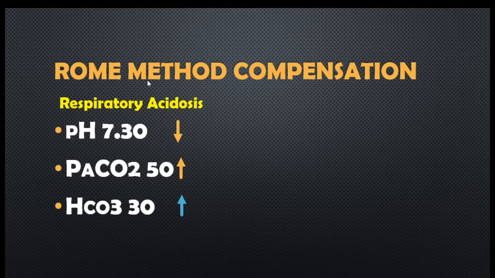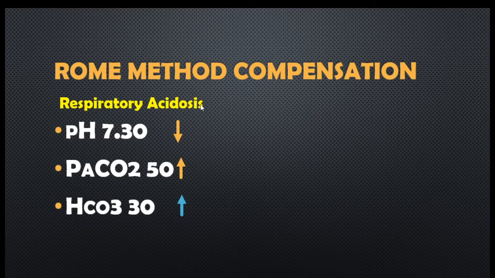So we can analyze this one. It is a respiratory acidosis because when we look at the arrows, the bicarbonate and the pH have opposite arrows. So this is a respiratory, and the pH level is 7.30, which is acidosis.